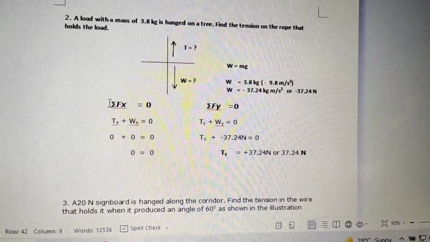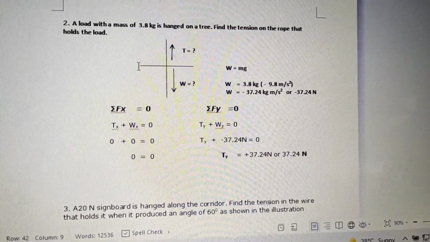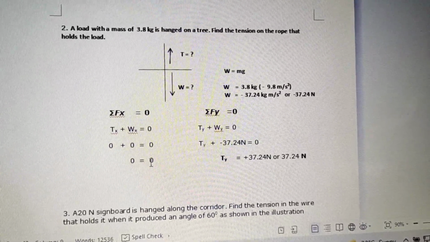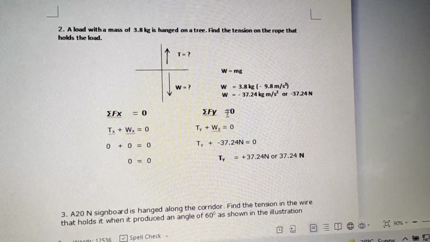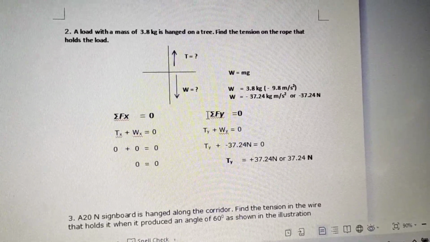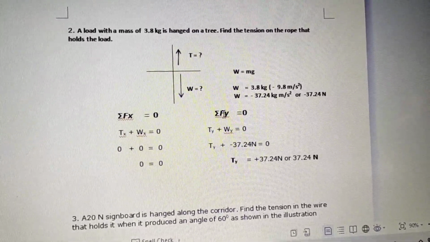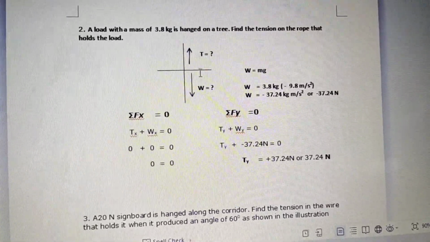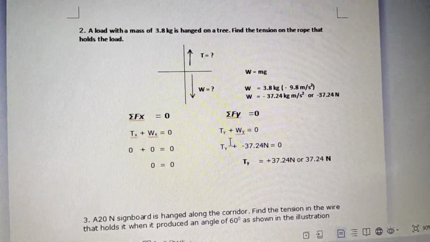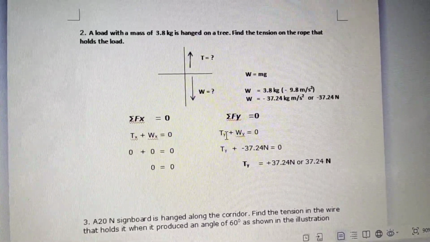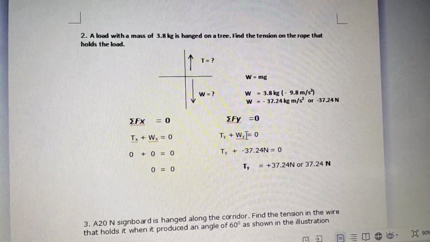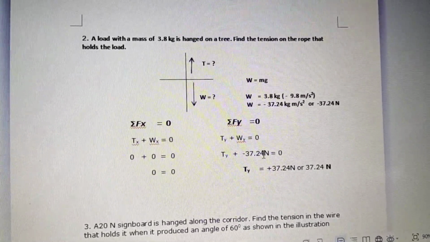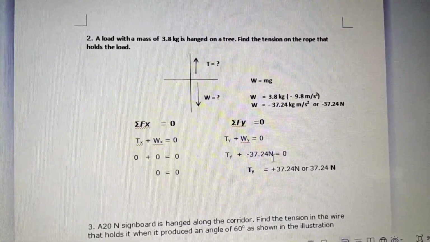So again, all the forces acting on the x-axis is 0. So it is automatic that this is 0. Next, all the forces acting on the y-axis should be equals to 0. So we have two forces involved here. So Ty is our unknown plus Wy, which is our negative 37.24 newtons, is equals to 0.